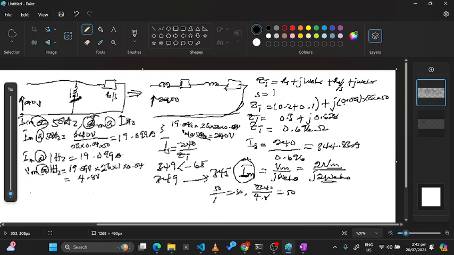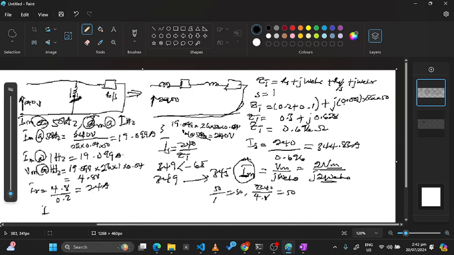Then we are going to have IR equal to 4.8 divided by 0.2. Is it 24? 4.8 divided by 0.2. Okay, so yeah, 24 amps.